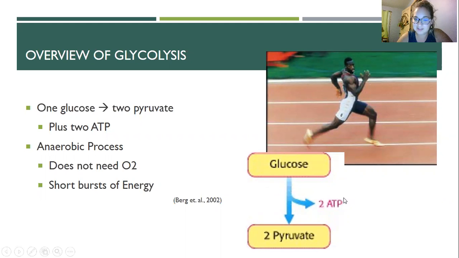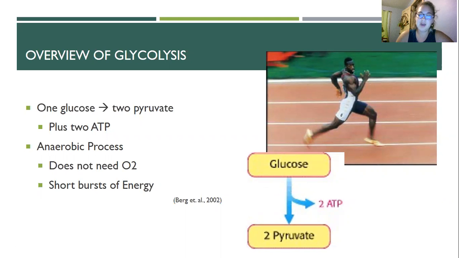So you can kind of see this in this picture here. One glucose turned into two pyruvate with the addition of two ATP, which also benefits from that. So this is an anaerobic process because it doesn't require O2.